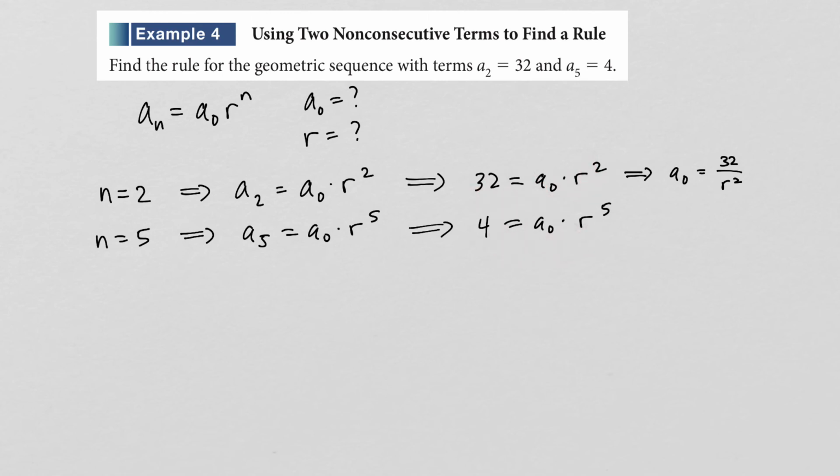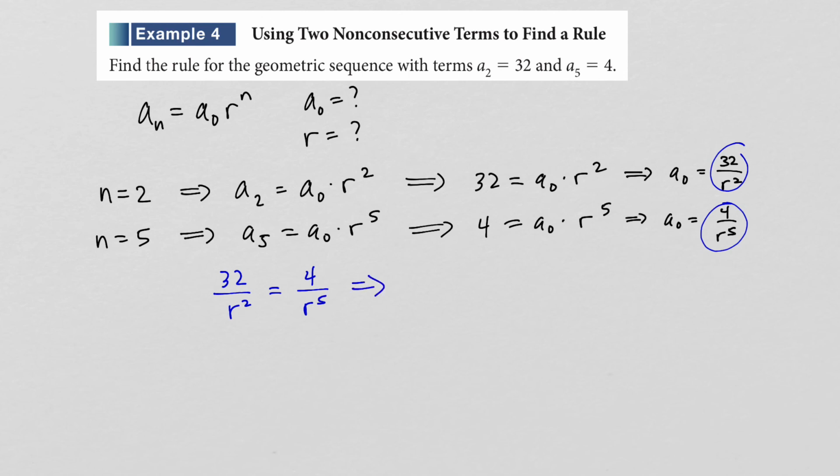And in the second formula here, A naught will be 4 divided by R to the 5th. And we know that those are the same A naught, so they have to be equal to each other. So 32 over R squared must be equal to 4 over R to the 5th.